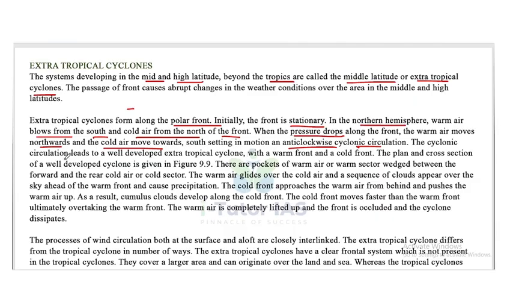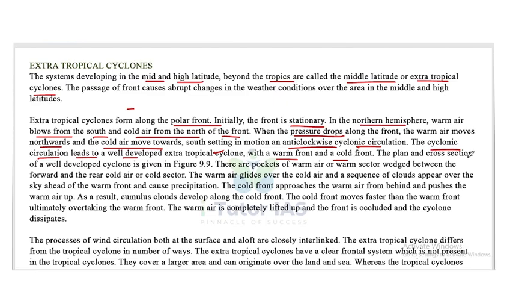The cyclonic circulation leads to a well-developed extratropical cyclone with a warm front and a cold front.